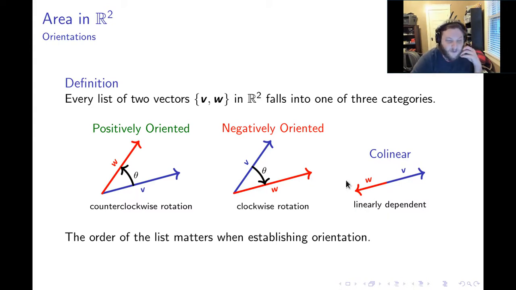The fact that we're viewing v as the first vector in this list is absolutely necessary. If we were to reverse the order and instead study the list w, v, then in the first figure we would be looking at a negatively oriented list, and in the second figure we would be looking at a positively oriented list. So switching vectors will change the orientation.